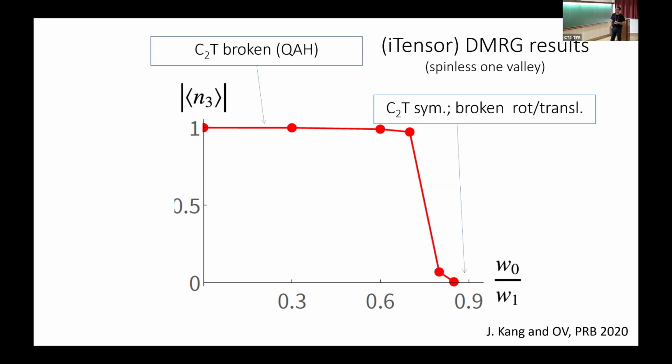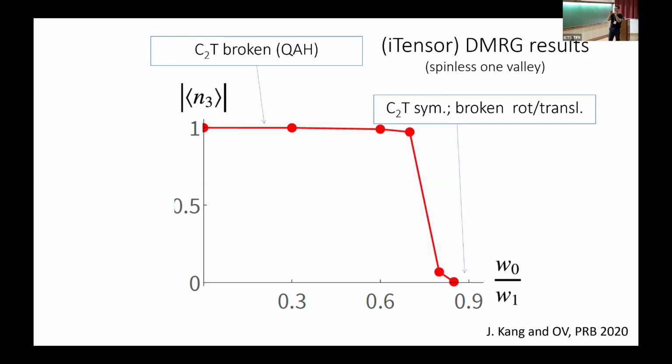But interestingly, as we increase this dimensionless ratio closer to the realistic value, there's a collapse of the order parameter for this quantum anomalous Hall state, namely the C2YT symmetry can label our state. And here we find a state in which C2YT is restored, and we have broken either rotation or translations.